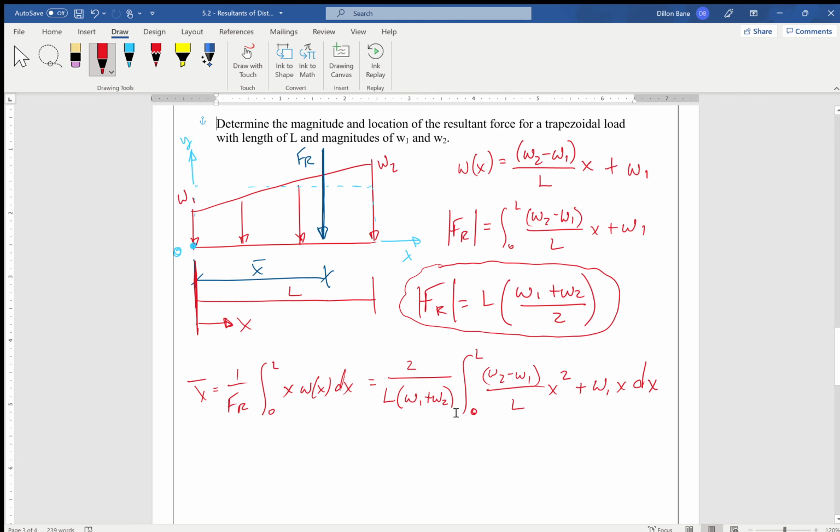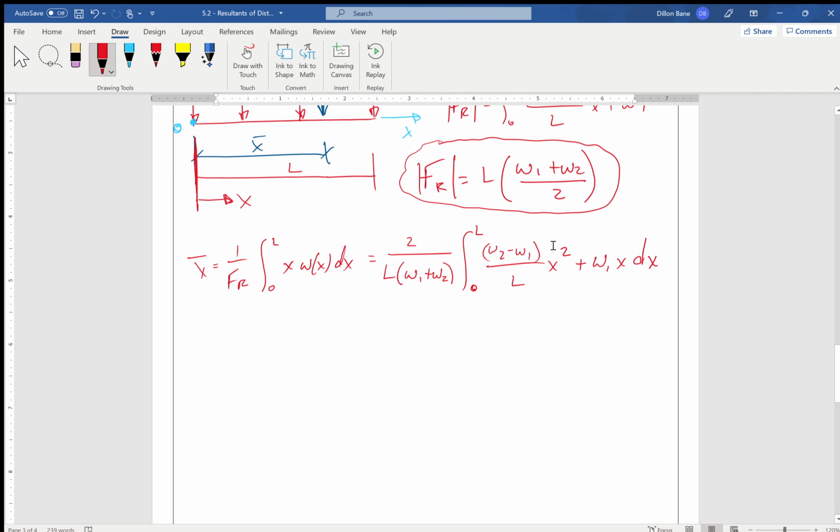Everybody agree that this first term outside of the integral is just 1 over FR, and then the integral is x w of x, so all I did was multiply w of x. We just added an x term into each one of those components, and then we integrate from 0 to L. So performing this integration, what we find is that x bar comes out to be L over 3 times (W1 plus 2 W2) all over (W1 plus W2).